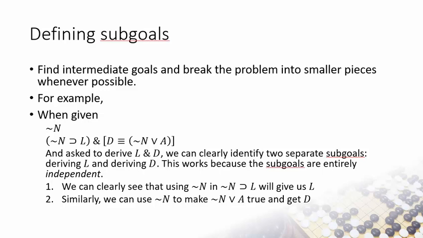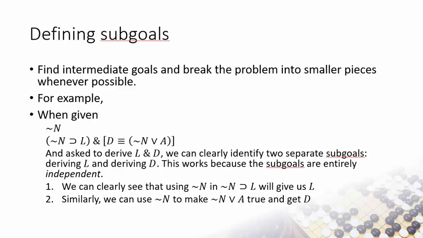And I have an example here, so that when you're given those two premises and you're asked to derive L and D, then you've got two separate subgoals, obviously. You need to get L and you need to get D, so that you can then do conjunction introduction and put them together and get L and D. Well, how are you going to get L?